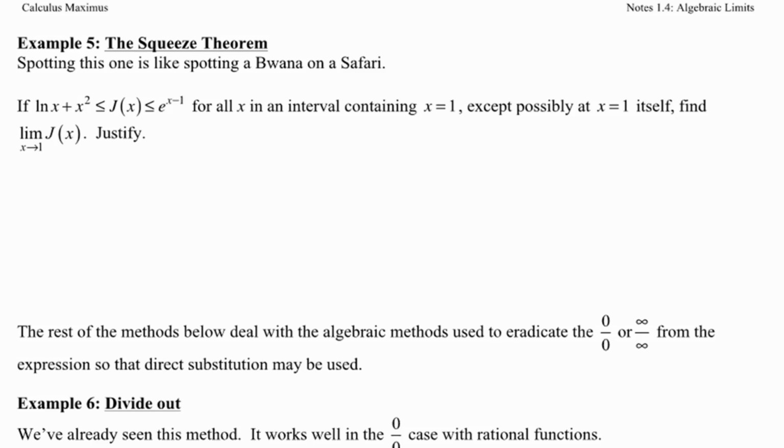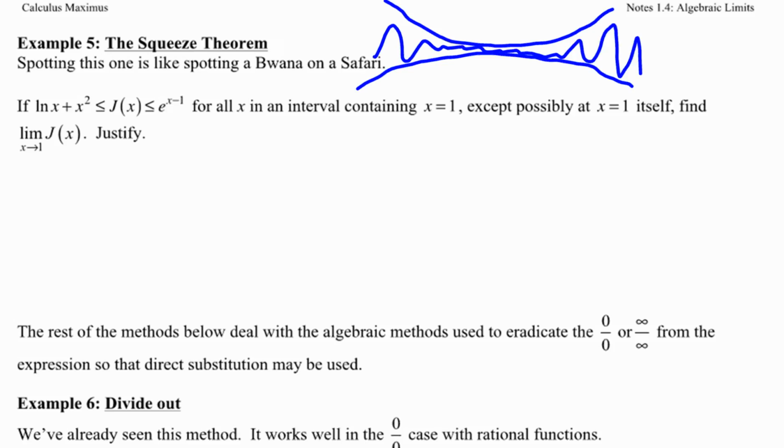The squeeze theorem, this sounds kind of complicated. It's also known as the sandwich theorem, but it's not. It's really, really simple. Basically, if you have something like this, you have a graph like this, and another one like this, and then you have some kind of function in between them, well, the limit gets squeezed in between the function.